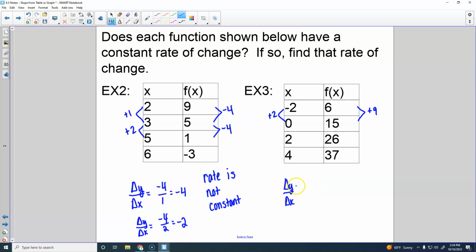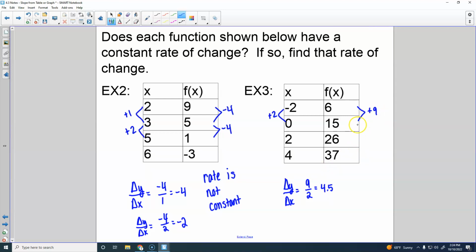It's not going to be. My change in y over change in x is going to be 9 over 2. So you could say 4.5, or you could just leave it 9 over 2. It doesn't matter there. A lot of times, as we learn more about slope, we might want a fraction instead of decimal, but 9 divided by 2.